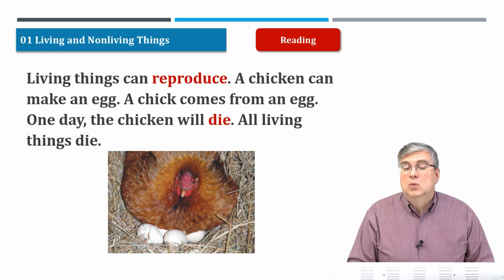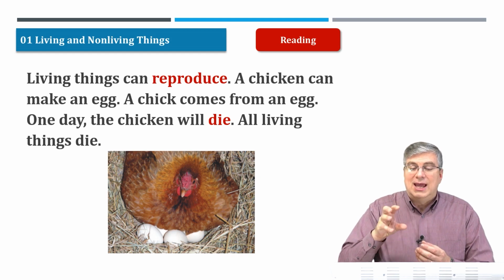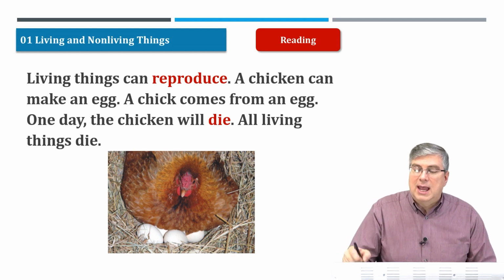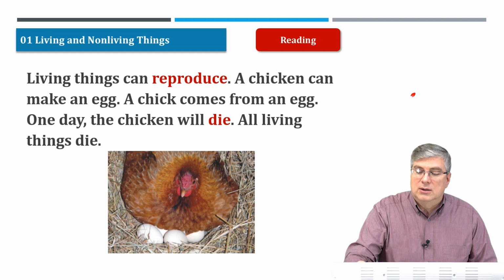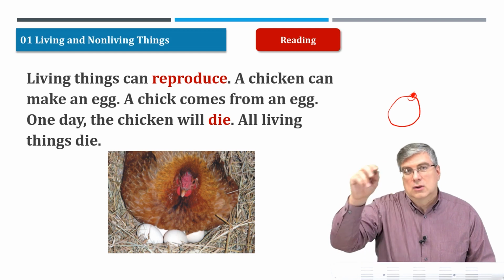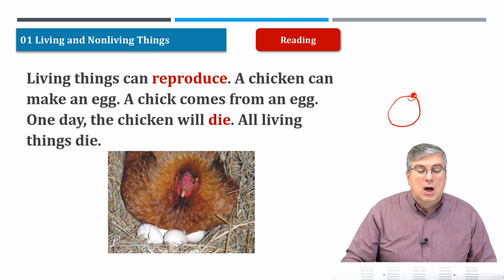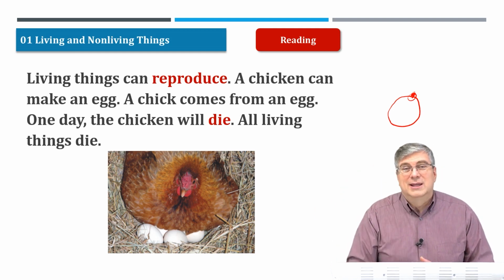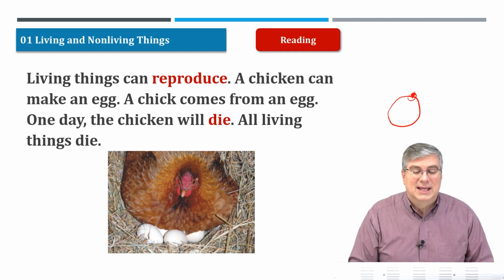One day the chicken will die. All living things die. Okay, so living things reproduce, right? A chicken makes an egg, the chick comes from the egg, and then the chick is born, grows older, becomes an adult, and it lays an egg too. So, it goes around and around. And then after a while, it will die. All living things die.